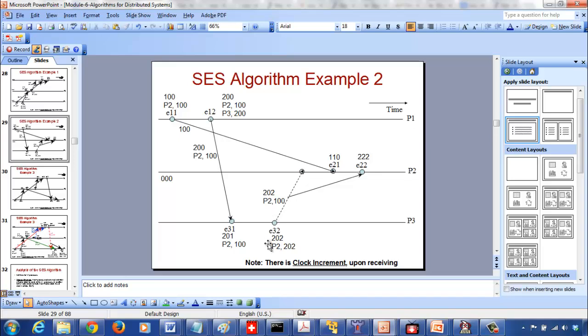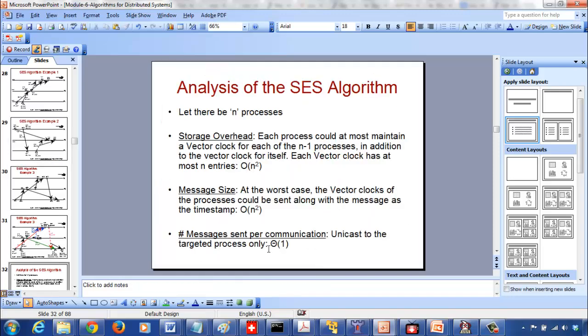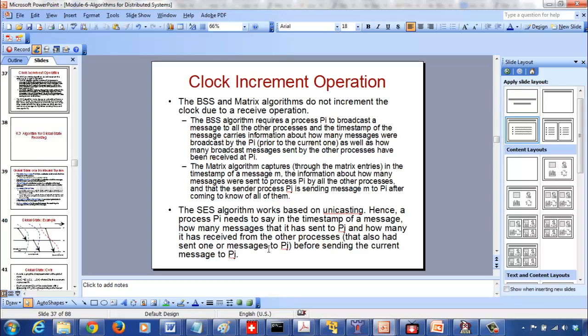So that's why you have to increment the clock value for receiving also in the SES algorithm, because you have to capture the events that indicate that you have received some messages that were sent by the other processes, and after receiving those messages, you are sending this message to P2, right? So you have to increment the clock for receiving also, in addition to sending, when you do the SES algorithm.